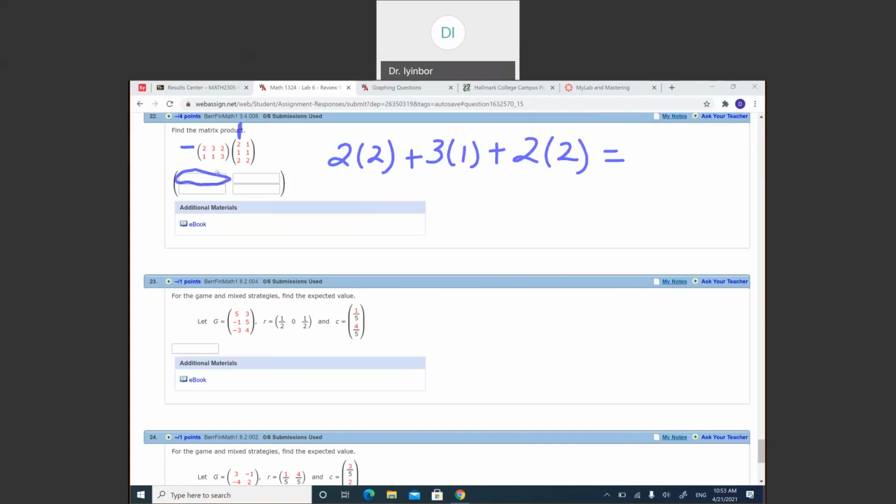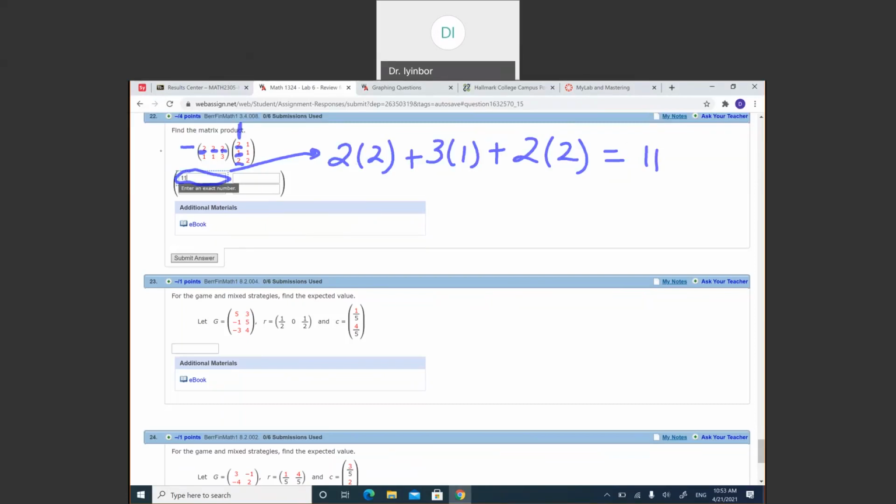So this is how I get the first number. I multiply these 2 times these 2, then 3 times 1, and then 2 times 2. So go row by row, number by number, and you multiply by the number in the column. So here when I do that it is 4 plus 4 is 8 plus 3 is 11. So the number here should be 11.